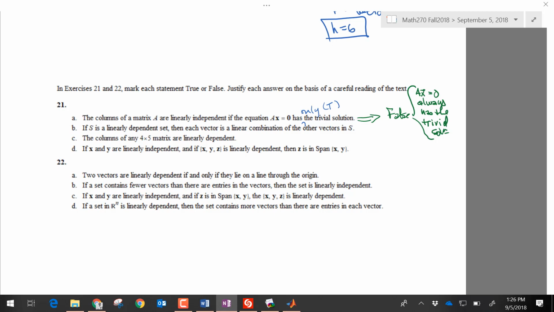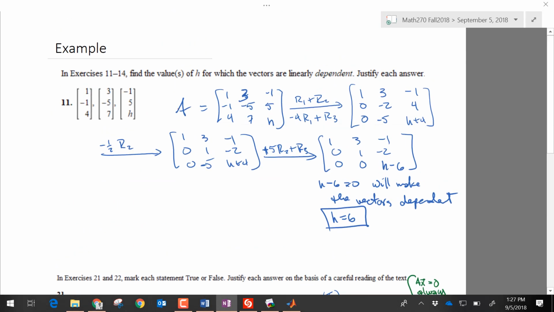Okay, second one. If S is a linearly dependent set, then each vector is a linear combination of the other vectors in S. So that means if they're linearly dependent, then I can take this vector and write it as a linear combination of these two.